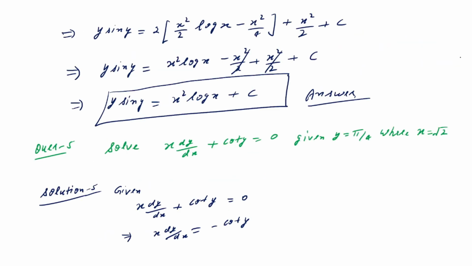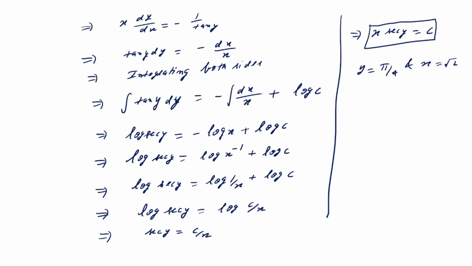So when you put these values, you have root 2 into sec pi by 4 is equal to c. This implies that root 2 into the value of sec pi by 4, which is root 2, is equal to c. So this implies that c is equal to 1.